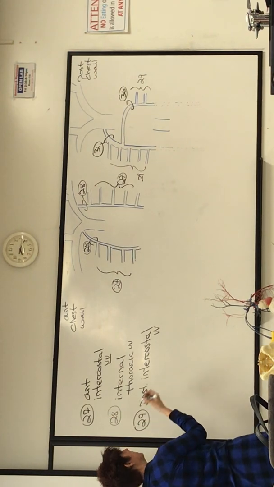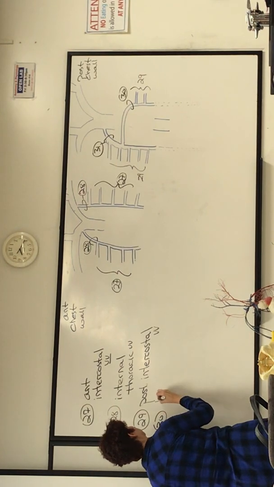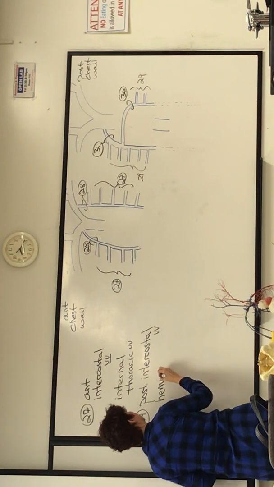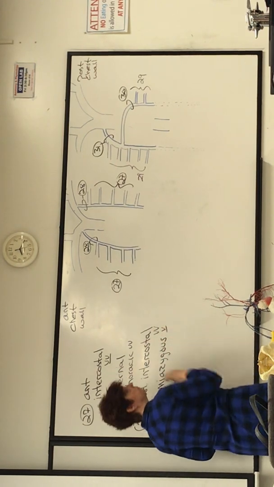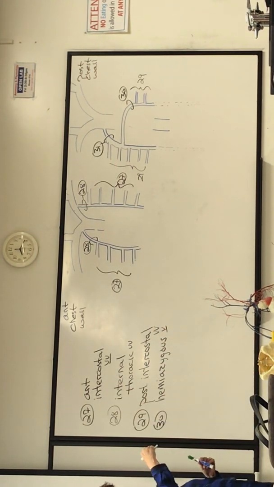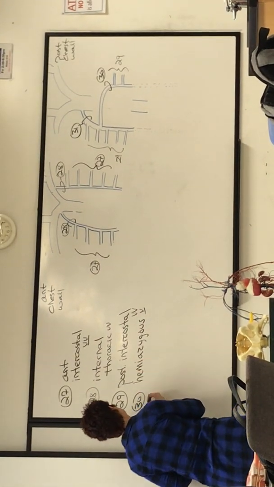So hemiazygous is on the left chest wall, posterior chest wall. It crosses over behind the heart, showing that here, and empties into the azygous, which actually empties into the superior vena cava.